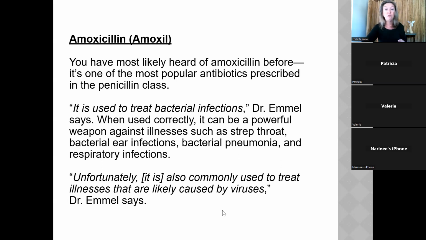And it's one of the most popularly prescribed antibiotics in this category. So amoxicillin is an antibiotic. Penicillin, it's in that penicillin class. It's one of the types of penicillin. So amoxicillin is used to treat bacterial infections.